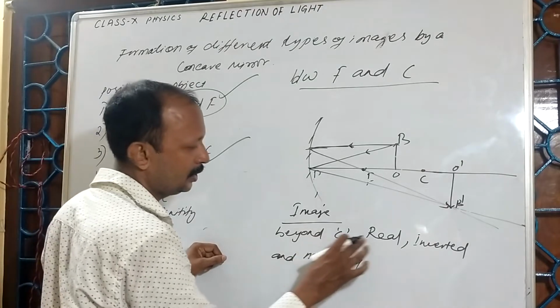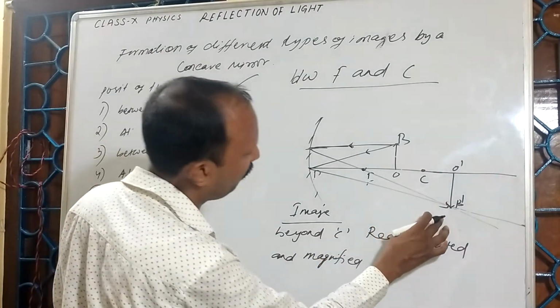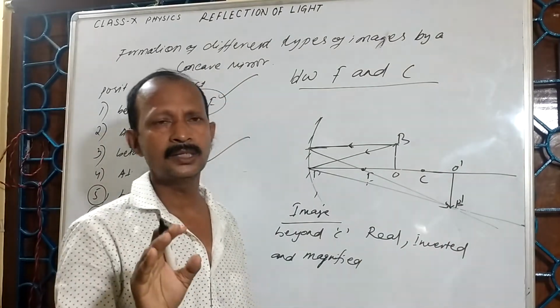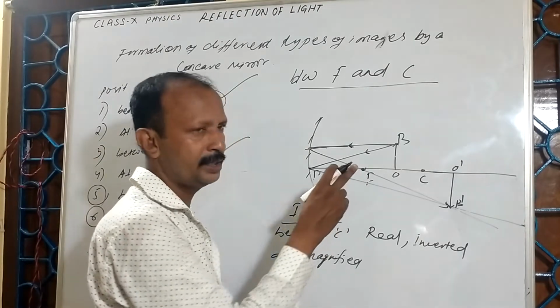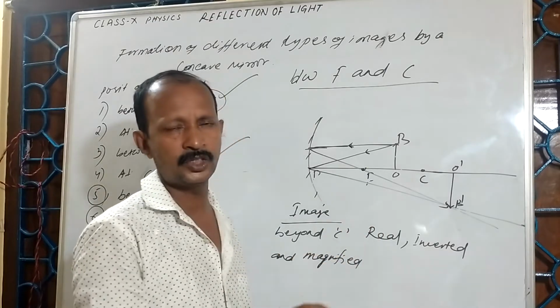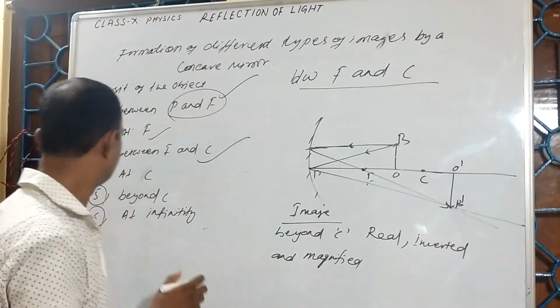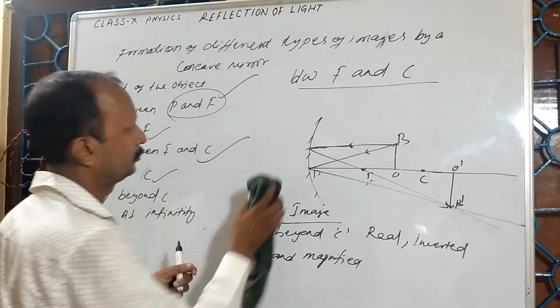So beyond C, real, inverted and magnified. In the last you can say this is the characteristics of the image when the object is placed between focus and center of curvature of a concave mirror. Next one, at C. We see at C.